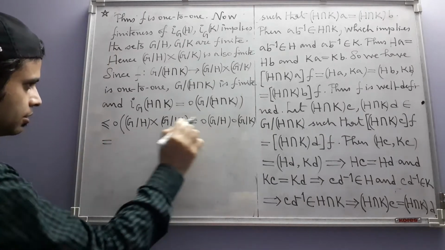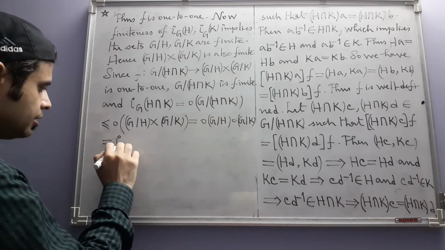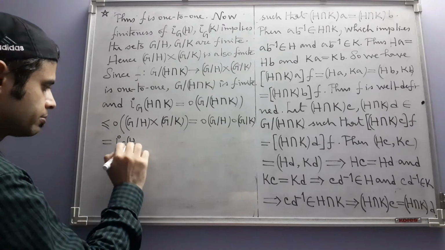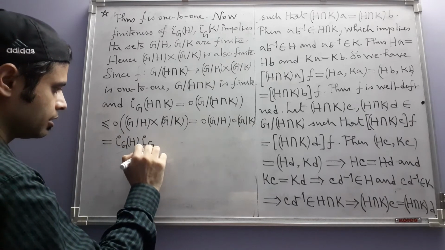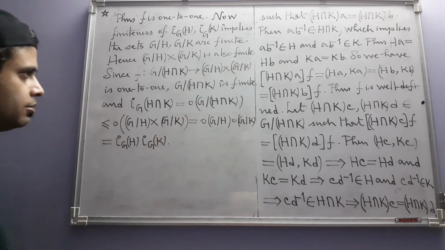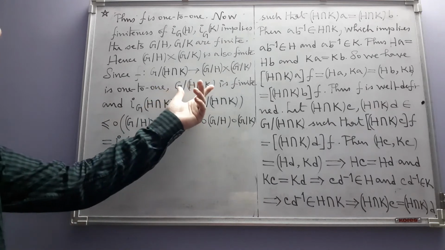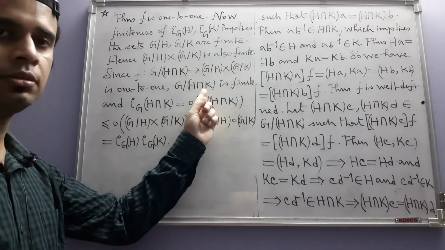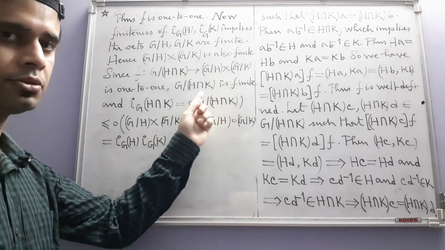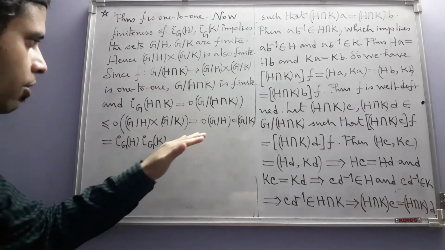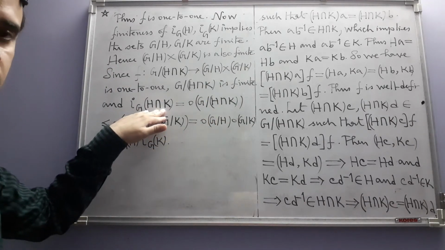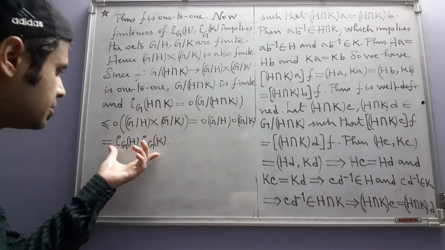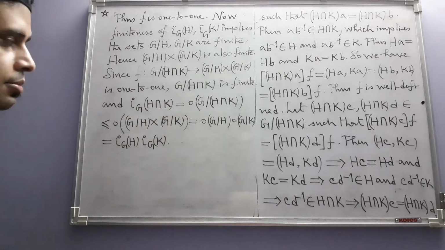The first one is the index of H in G, and the second one is the index of K in G. So we have not only proved that there are finitely many right cosets of H intersection K in G, or that the index of H intersection K in G is finite, but this is an upper bound for that index.